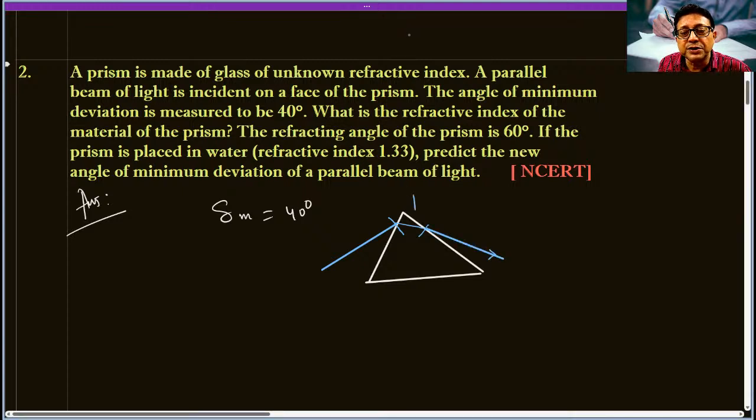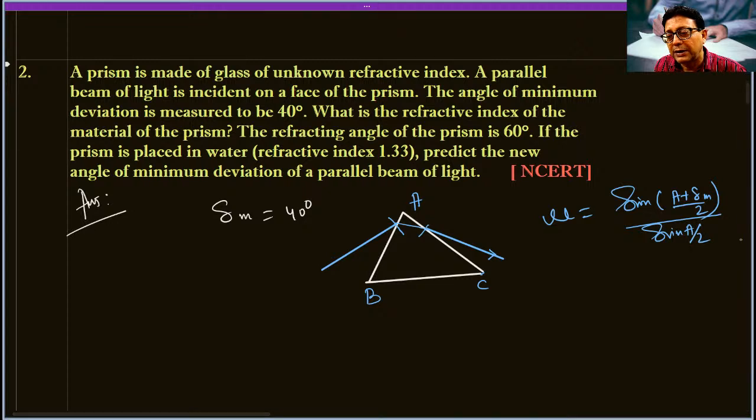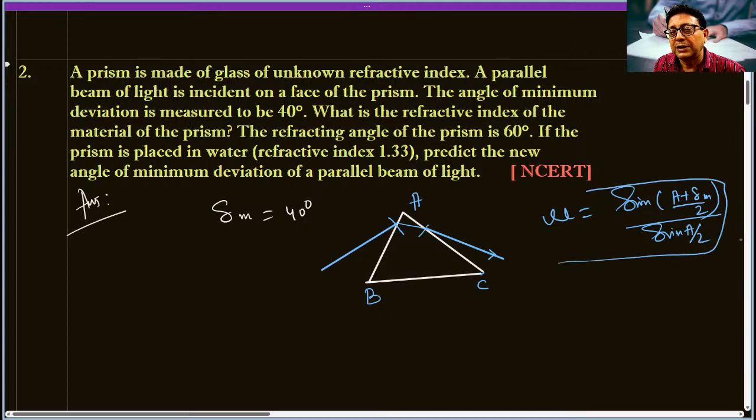Ray of light going this way. Then mu will be equal to sin of A plus delta m by 2, divided by sin A by 2. This is the value of mu.